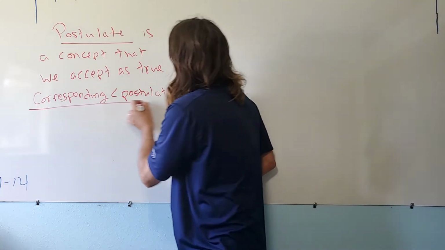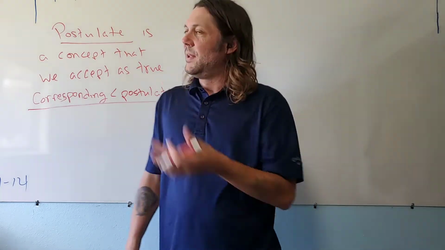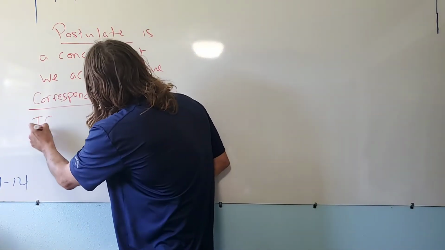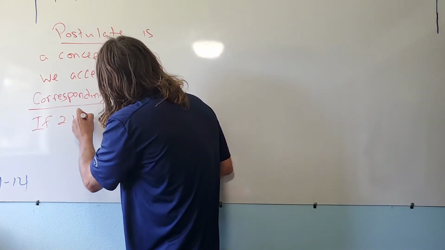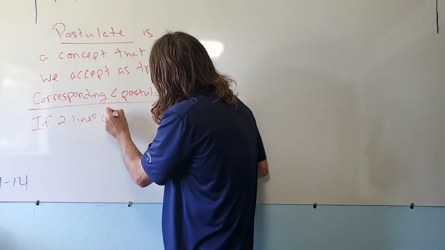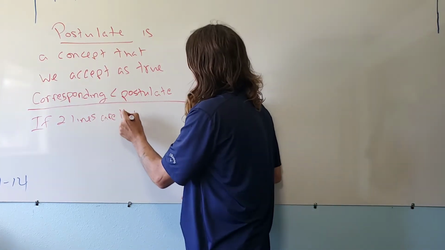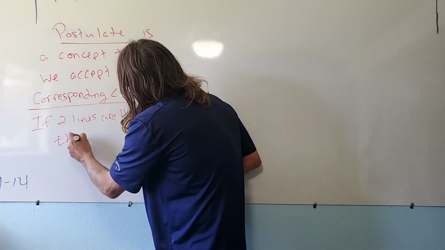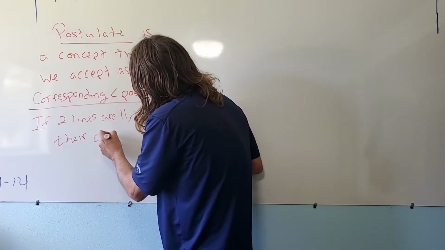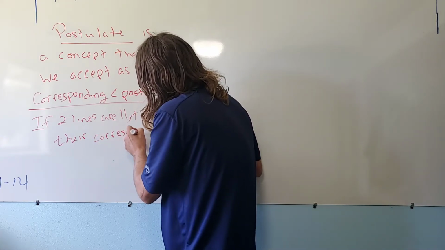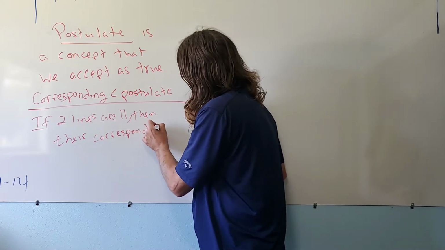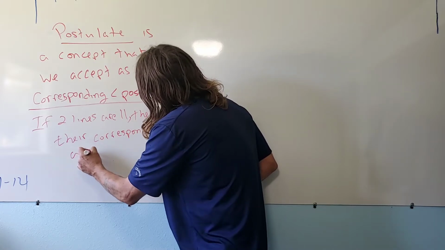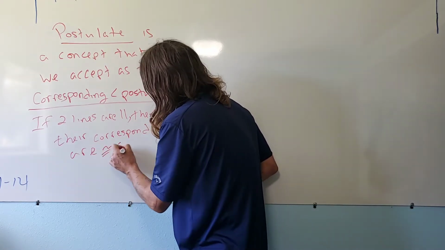So the corresponding angle postulate simply says if two lines are parallel, corresponding angles are congruent, or equal.